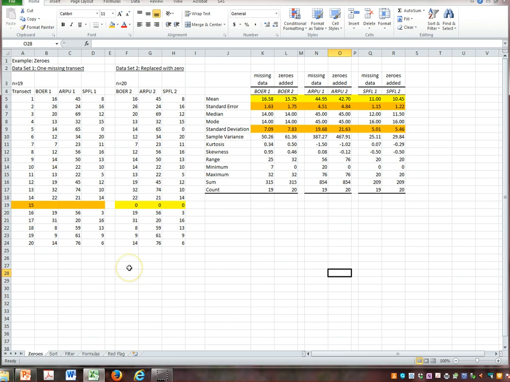Remember that zeros mean something. They mean nothing. They mean that nothing was there. Since nothing had been observed, we don't know, and it's important to leave this blank. And then just to note that instead of having a sample size of 20, as was intended, we instead have a sample size of 19.